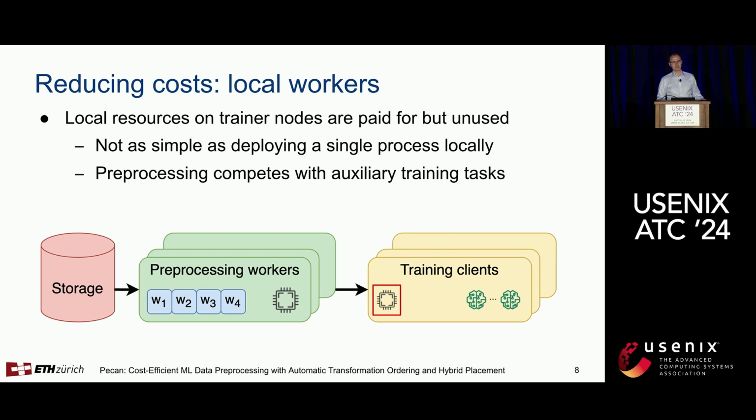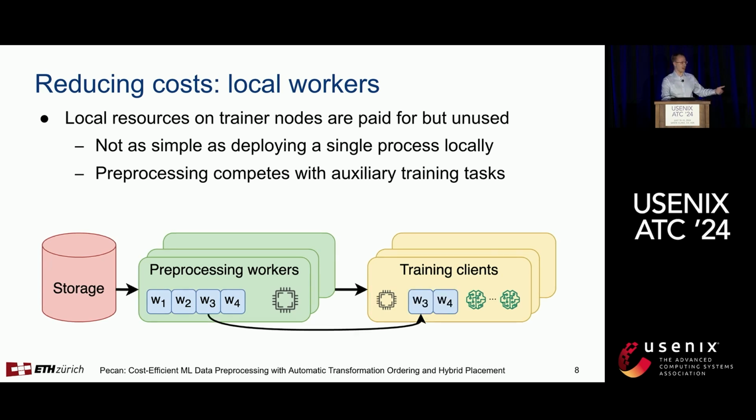For example, they have to have some CPU cycles to collect data samples that are generated from the remote workers, and they also need to be able to load preprocessed data from the CPU memory into the TPU memory. So it is not an easy task to figure out the right configuration of how many of these workers we can move onto the training client.